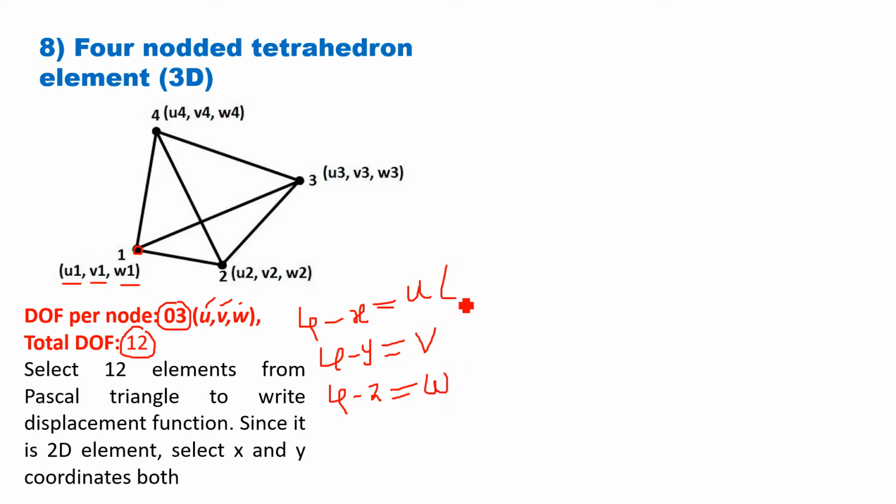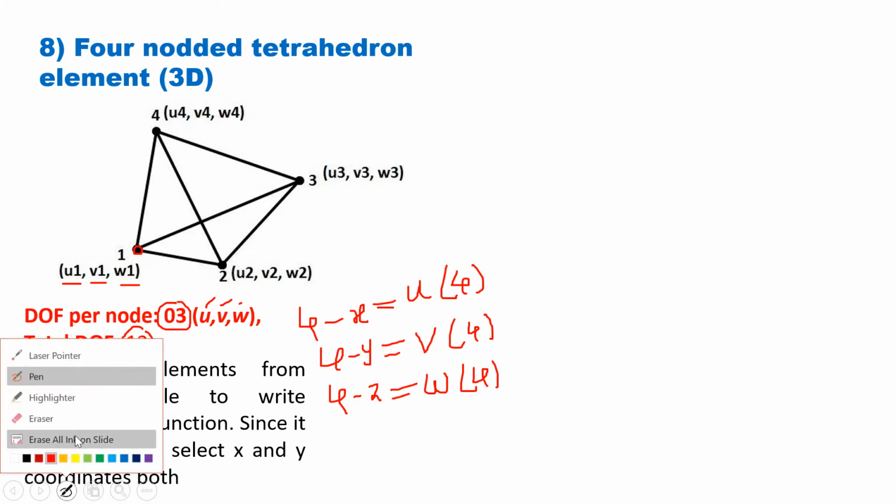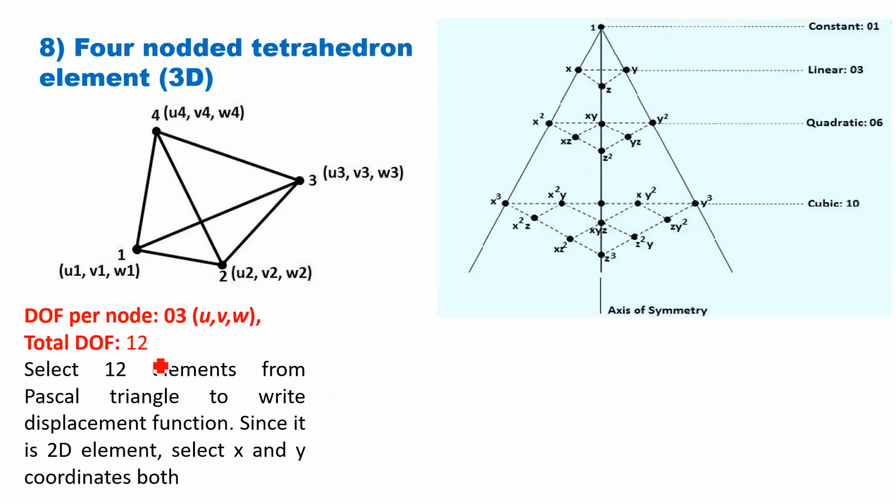So we have to select 4 elements for x, 4 elements for y, and 4 elements for z directional displacement from the 3-dimensional Pascal triangle. So this is the 3-dimensional Pascal triangle. Now we have to select 4 elements for x. So it is 1, 2, 3 and 4.